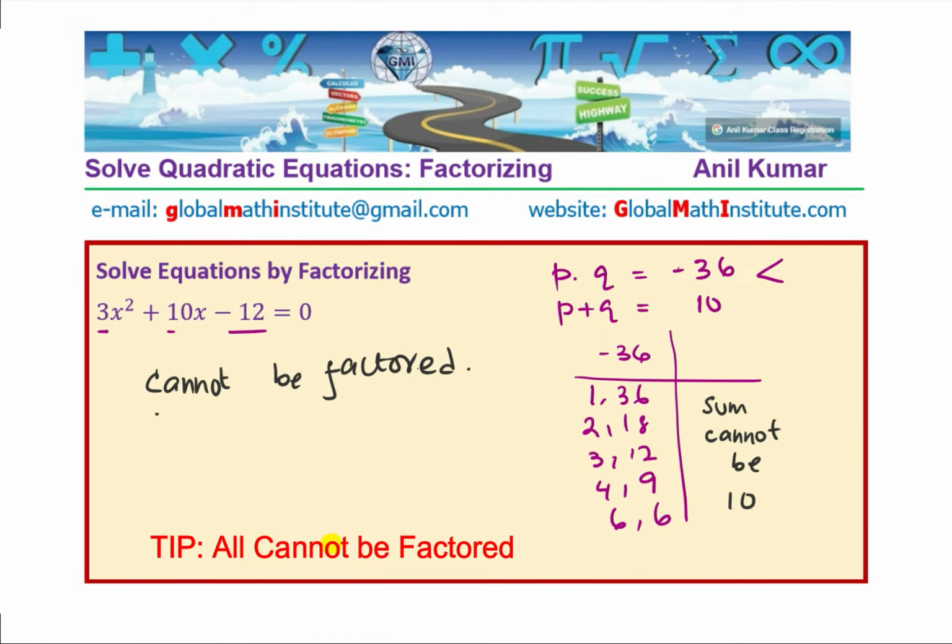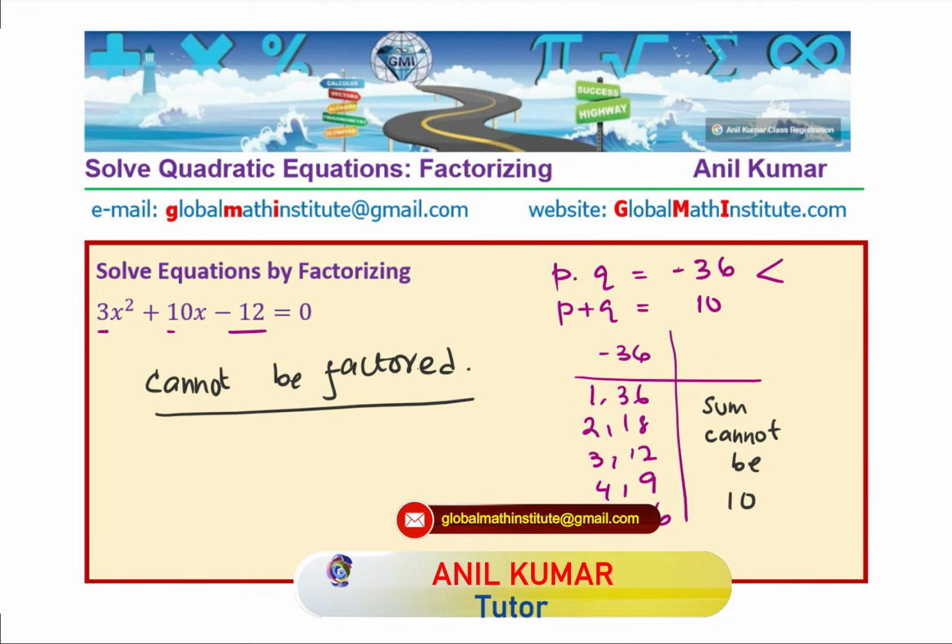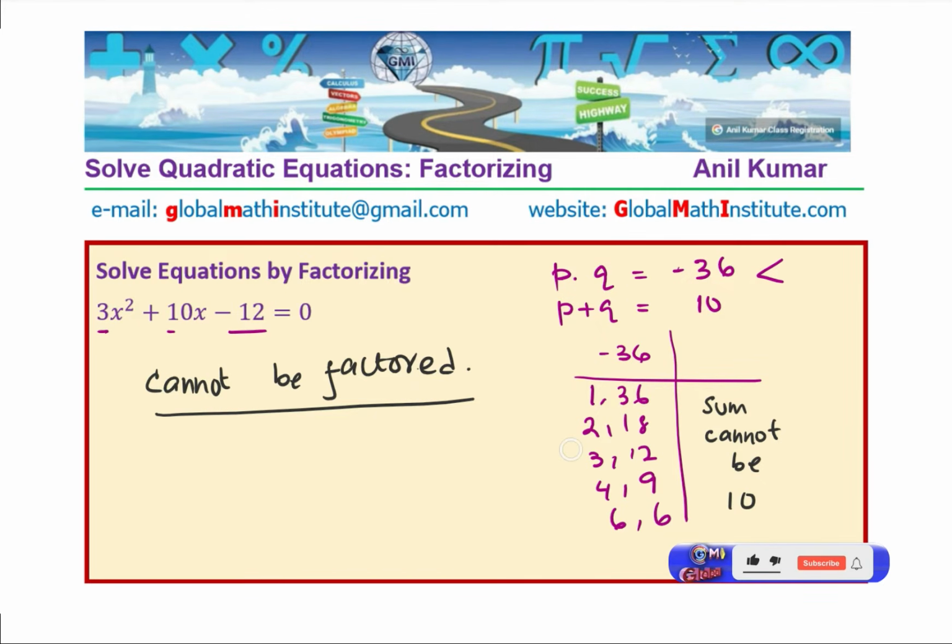You get the idea. So it is important to remember that all quadratic equations or trinomials may not be factorized, right? We are looking for the real roots which have rational values, which we could easily write in the form of a product of two integers.